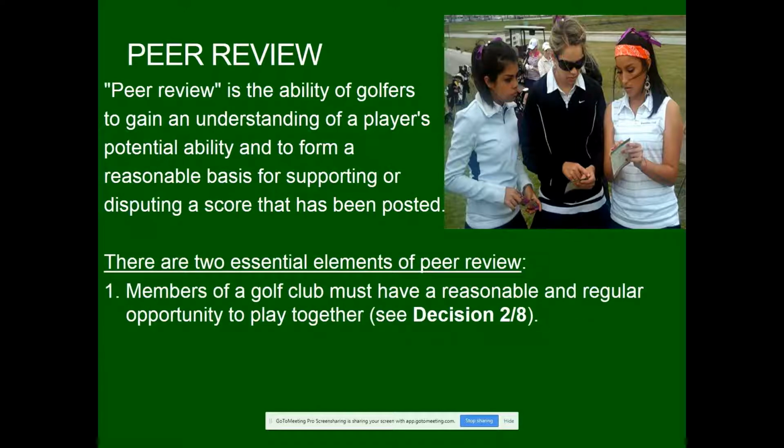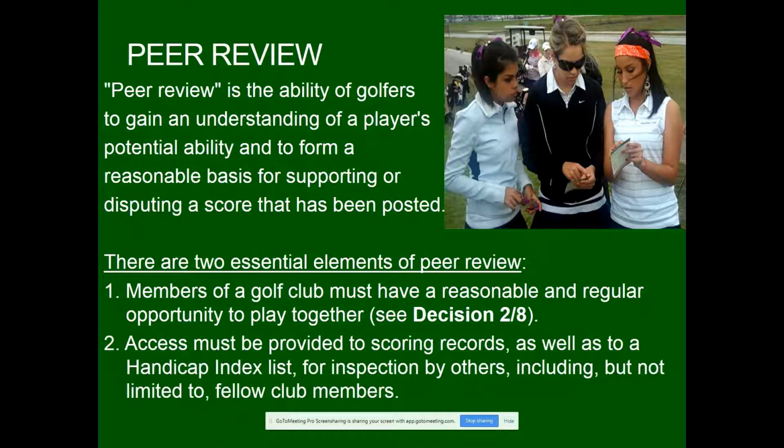So 2 essential elements with peer review. Members of a golf club must have a reasonable, regular opportunity to play together. We've already spoken to this. And then lastly, that access must be provided to the scoring records of those members with the pertinent information for them to review those scores. I think what's nice is that we live in an internet age, so that information is very much viewable, whether it's at the club, at the handicap computers that we provide to you.